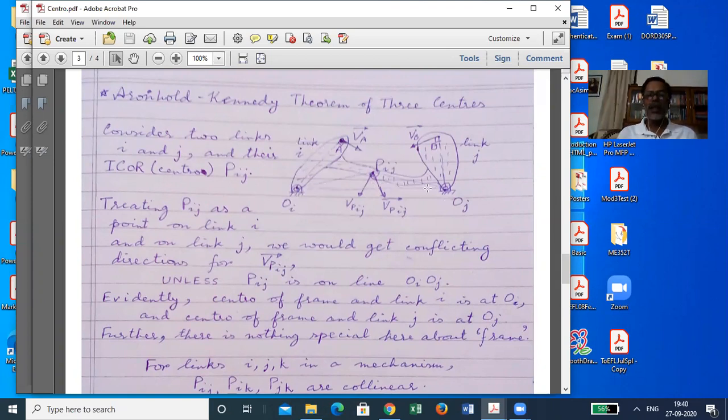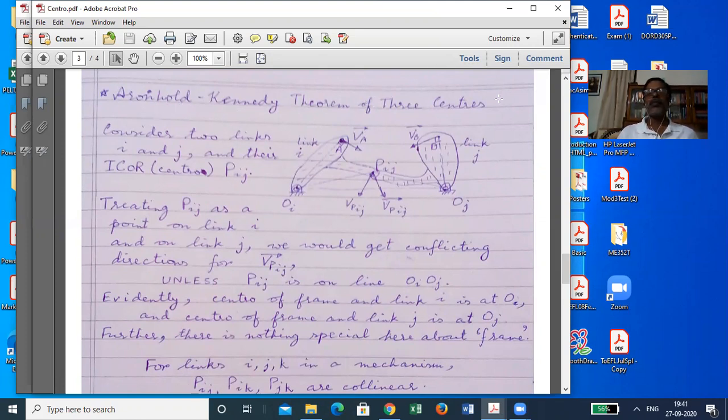So the result that we arrive at is this. For links I, J, K in a mechanism, Pij, Pik and Pjk will always be collinear. This is part and parcel of this theorem, the Aronhold-Kennedy theorem.